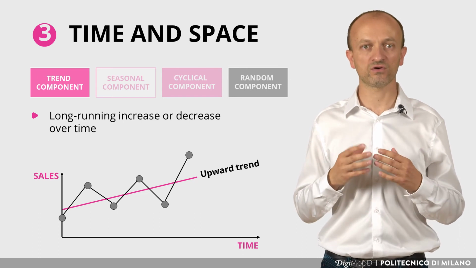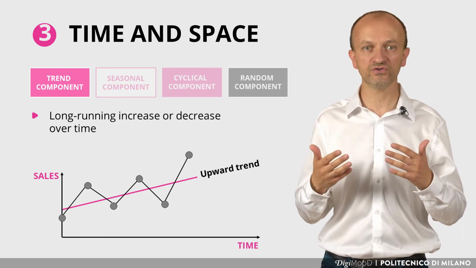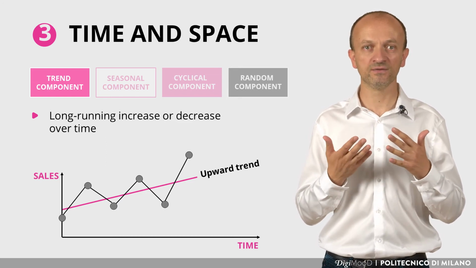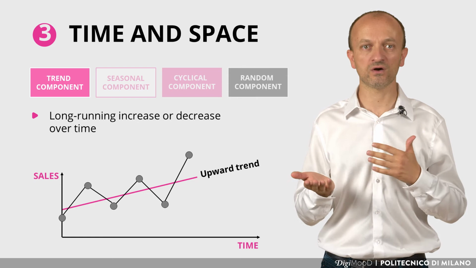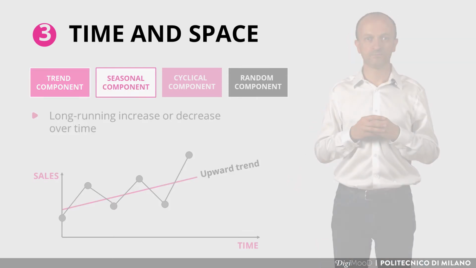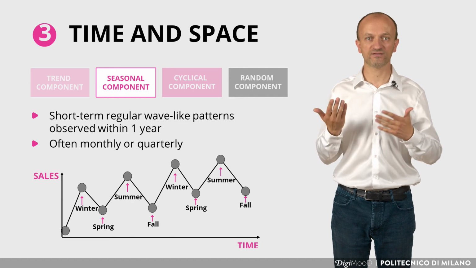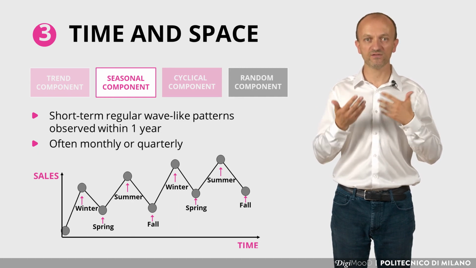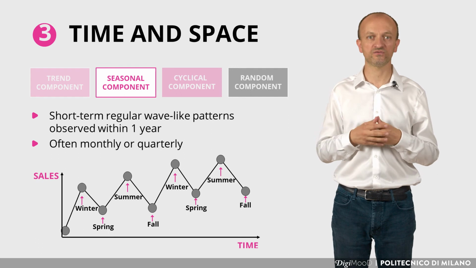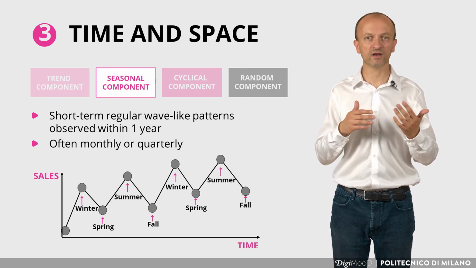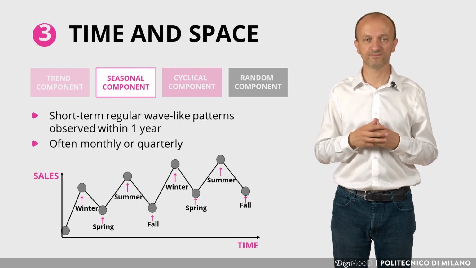It is used to recognize persistent evolution in the data, which in practice consists typically in an upward or downward trend. The seasonal component represents regular up and down patterns in the data that repeat themselves in short-term intervals. Typically, this happens on daily, weekly, monthly, or quarterly basis.